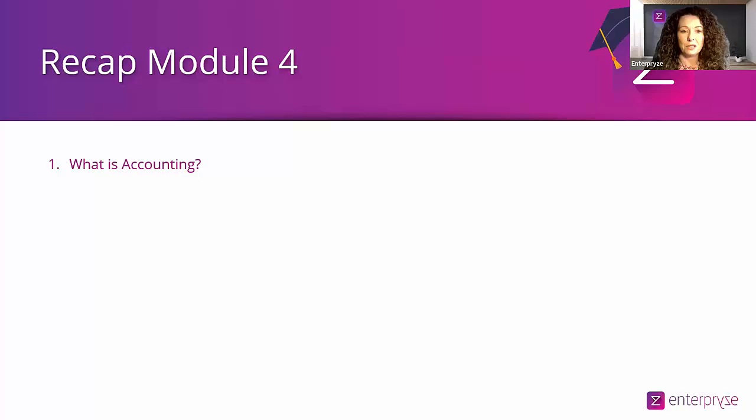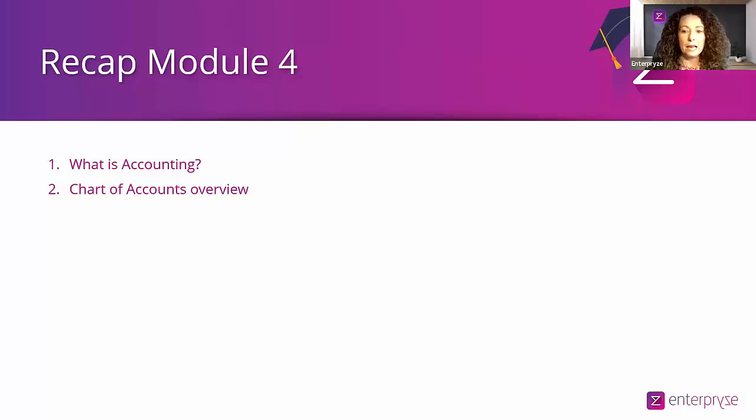So what is accounting? Effectively, accounting is bringing all the areas of the business together to paint the picture of how well your business is doing. From the point of view of profit and loss and balance sheet, so where you have made or lost money, or where you have value, for example in your assets, and what that looks like overall.